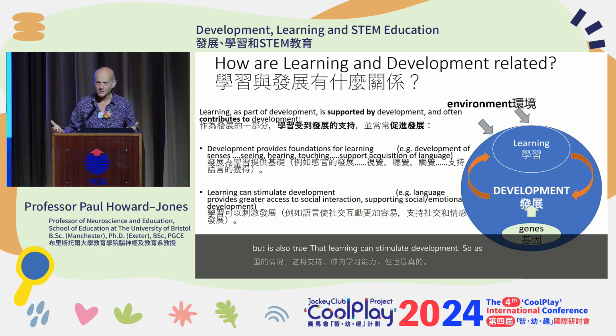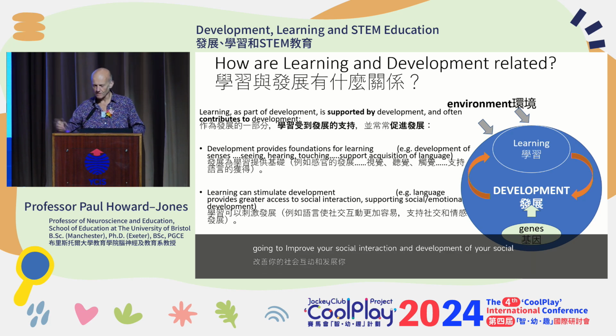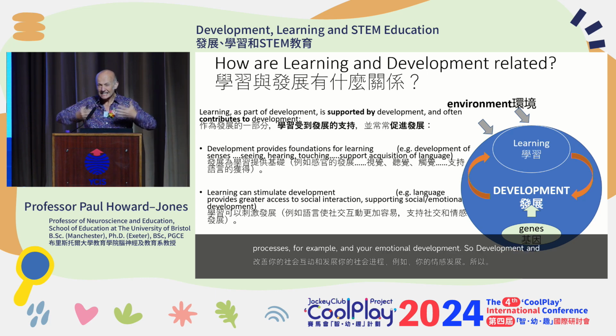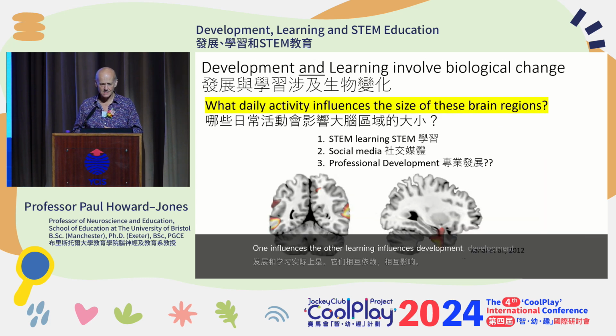So as you learn language, so you become open to a lot of additional experiences that are then going to improve your social interaction and development of your social processes, for example, and your emotional development. So development and learning are actually interrelated with each other. They depend on each other. One influences the other. Learning influences development, development influences learning.